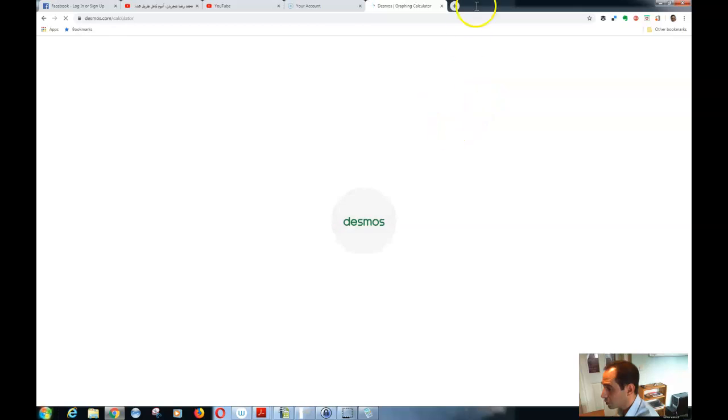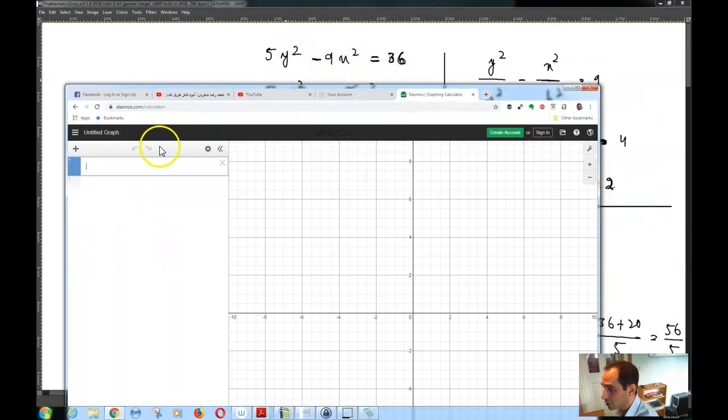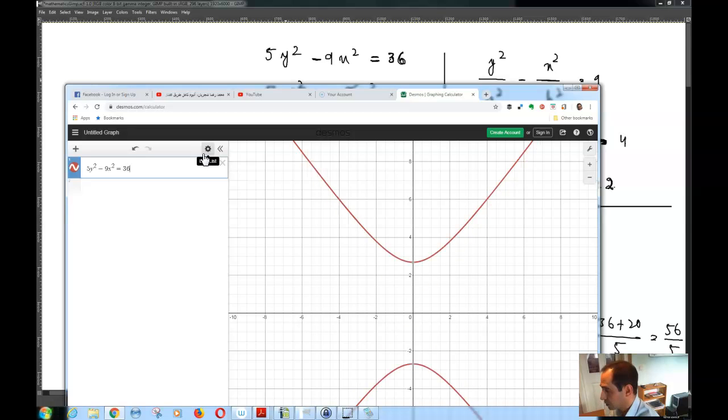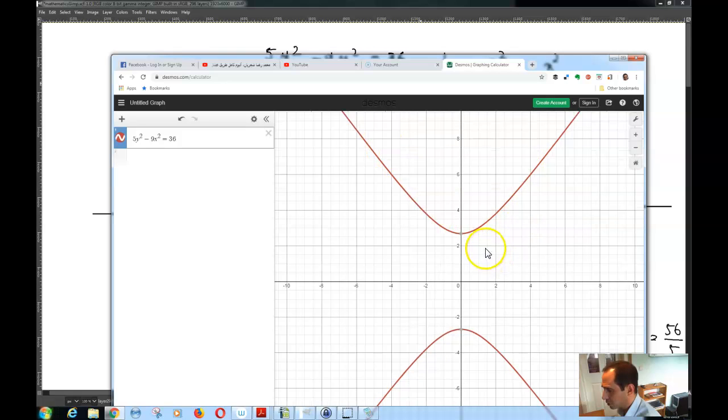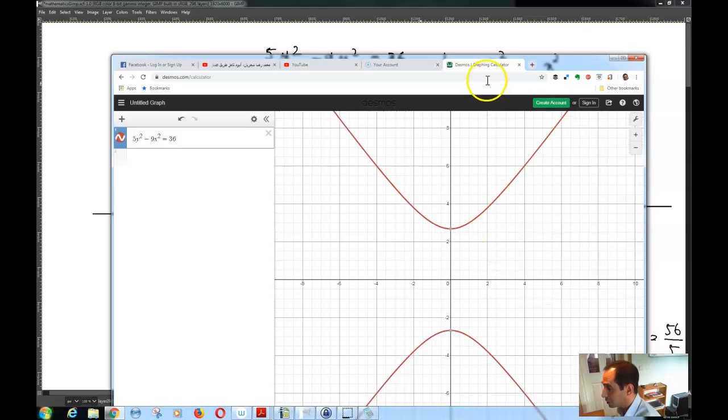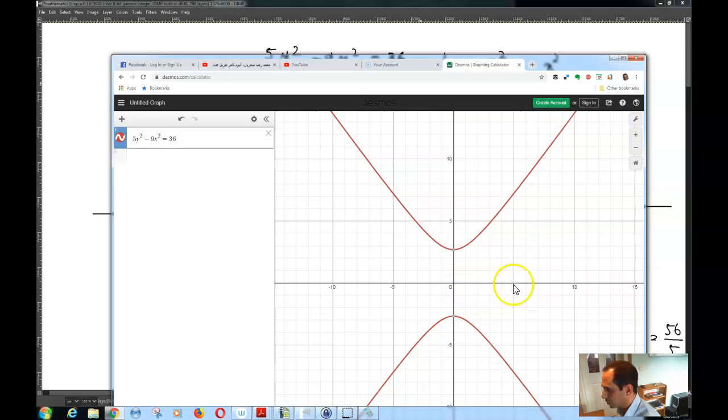So if you go to desmos.com and enter this equation, 5y squared minus 9x squared is equal to 36, you get this hyperbola over here. And as you can see, these are the coordinates of your foci, for example. And well, the vertices are not there. This doesn't show your vertices.